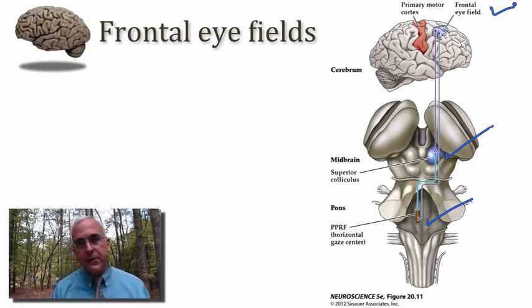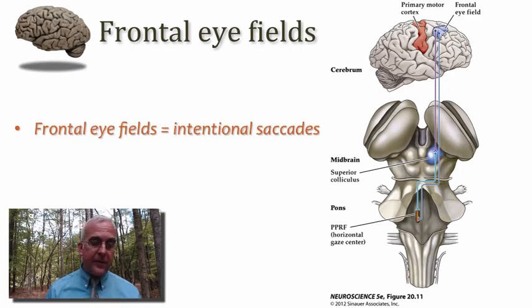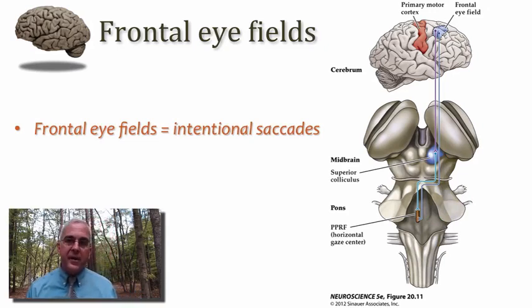But nevertheless, there is an important distinction that I want to make between the operation of the frontal eye field and the superior colliculus. Concerning the frontal eye field, I want you to think of the intentional saccade. That is, you actually intend to make a movement. I might ask you to look and see what time it is.